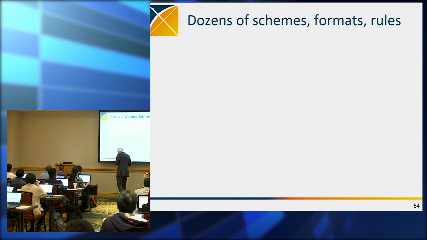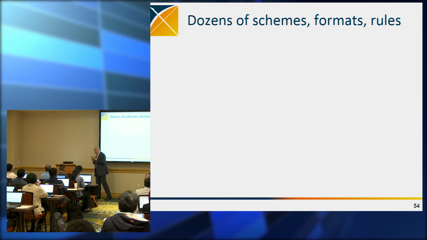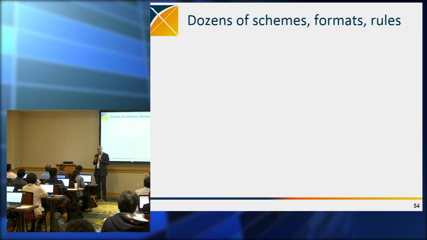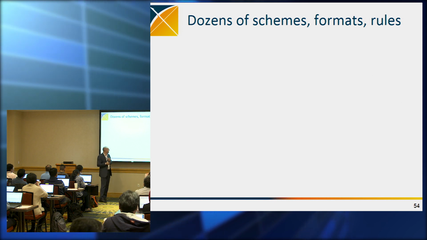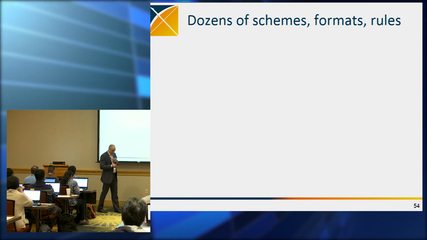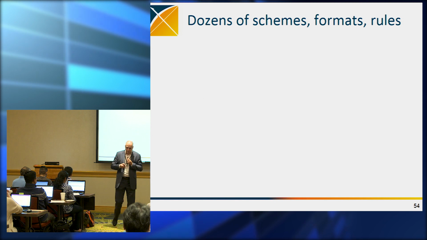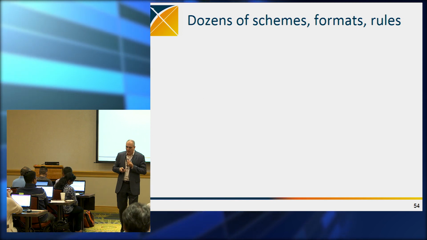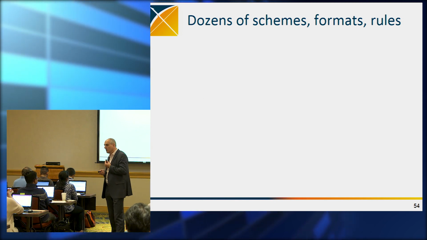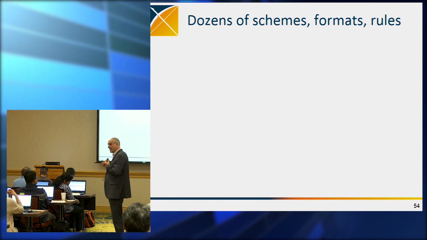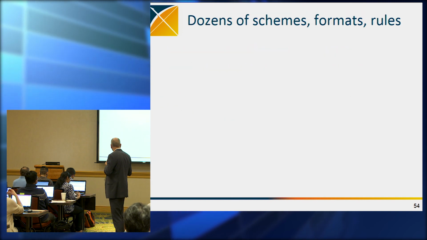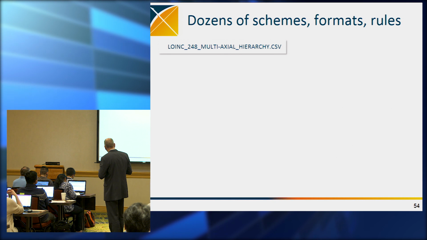So we have one reference table for everything, which means all these different databases and vocabularies and their different formats are all now in the same representation. But they aren't when they come, right? This is LOINC.